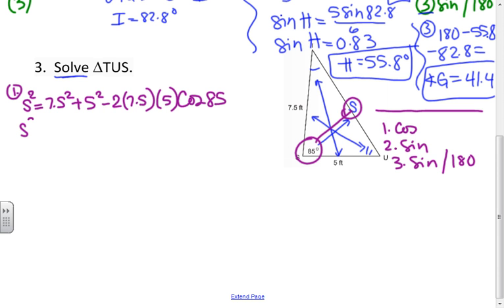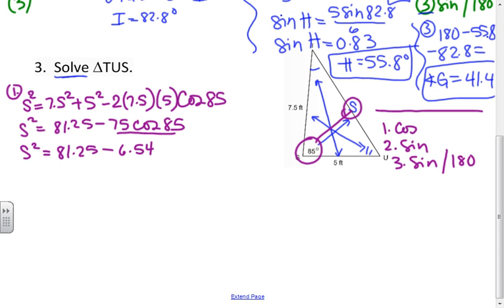So I have s squared is equal to 81.25 minus 75 cosine of 85. Again, I can't combine 81 and 75. This is being multiplied. So I have s squared is equal to 81.25 minus 6.54. S squared is equal to 74.7. Square root, s is 8.6.